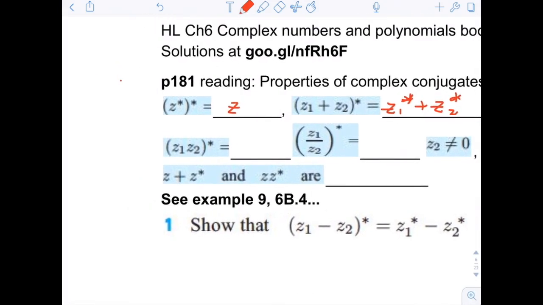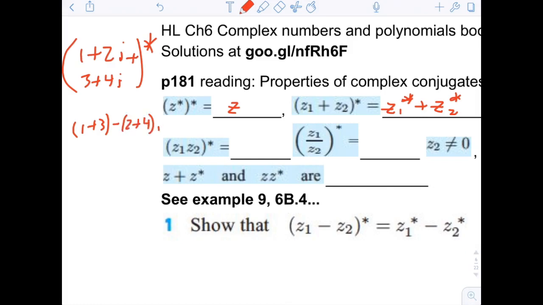If I have 1 plus 2i plus 3 plus 4i, and I add them all together and take the conjugate, that would be 1 plus 3 minus 2 plus 4i. If I just add them together without the conjugate, it would be 1 plus 3 plus 2 plus 4i.